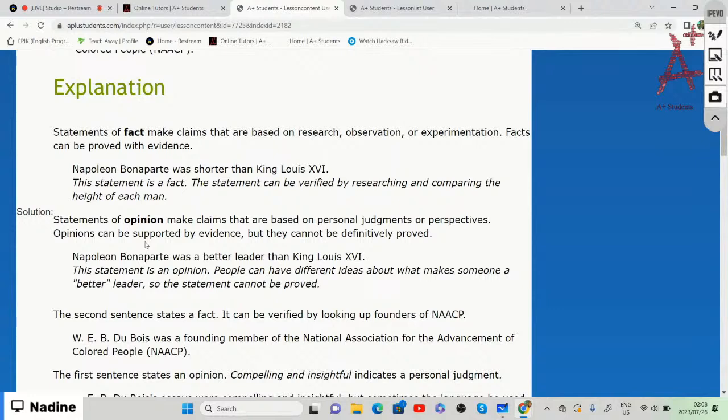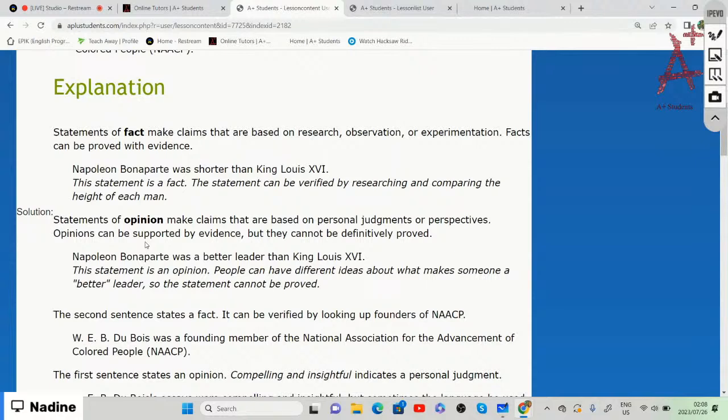So once again, statements of fact make claims that are based on research, observations, or experimentations. And with research, observations, and experimentations, it also needs to be written down or noted, because once you note it, write it down, or record it, that will also be your evidence.